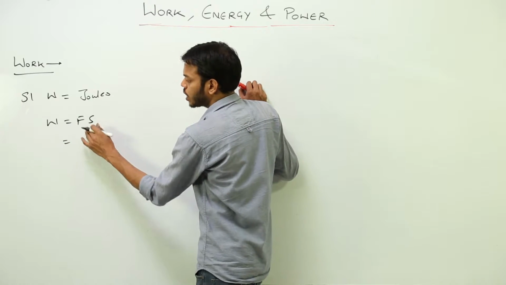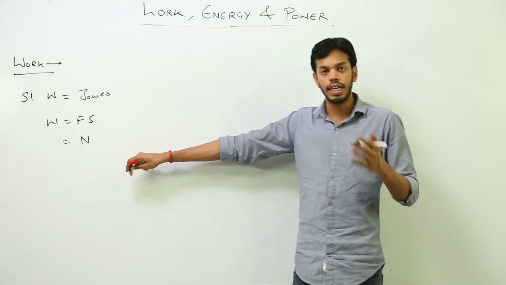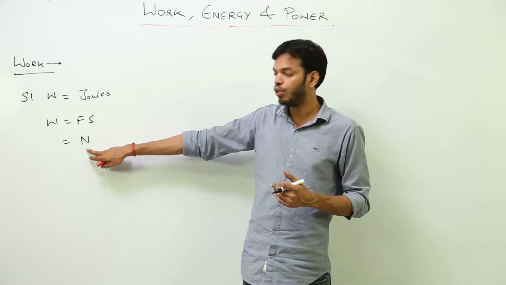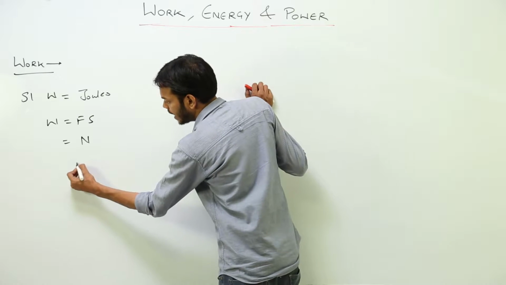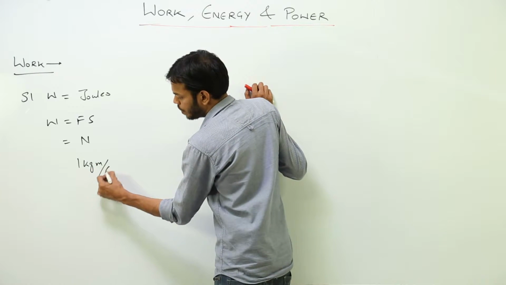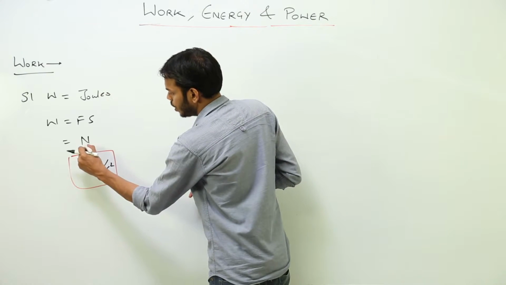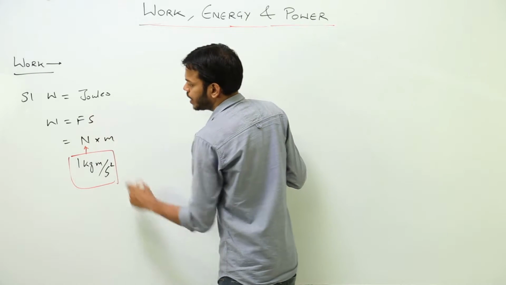The SI unit of force is newtons, and I was telling you what a newton is. In the general formula, force is the product of mass and acceleration. 1 newton is 1 kg into acceleration, which is 1 meter per second square. So I'll write it here, 1 kg into meter per second square. This complete thing is a newton, and the displacement is in meters.